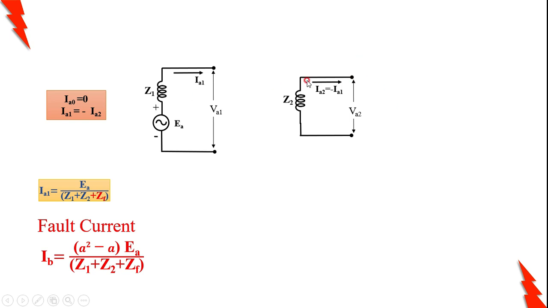You have to join the positive and negative sequence networks in such a way that the difference between VA1 and VA2 should be IA1 into ZF. Therefore, I am connecting ZF here. Here it is VA1, here it is VA2, and here it is also VA2. That is VA1 minus VA2 is equal to IA1 into ZF. This is how you have to analyze the line to line fault with fault impedance.